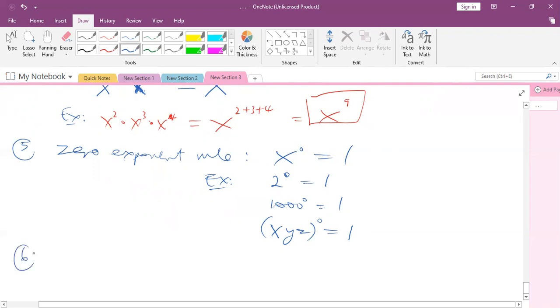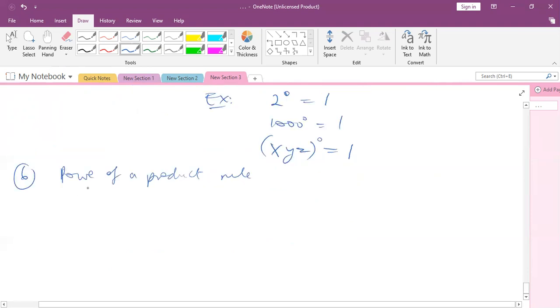And the last one that I want to add here is the power of a product rule.